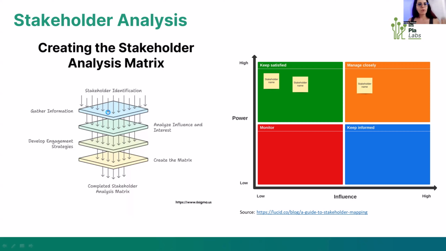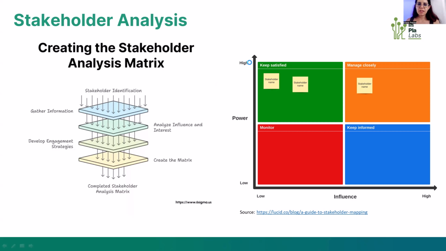Then, of course, we start to engage them in the process, and we can create a stakeholder matrix, which is the diagram that we can see here on the right, where we can have different labels on the axes, but the terms power and influence are the ones most commonly used.